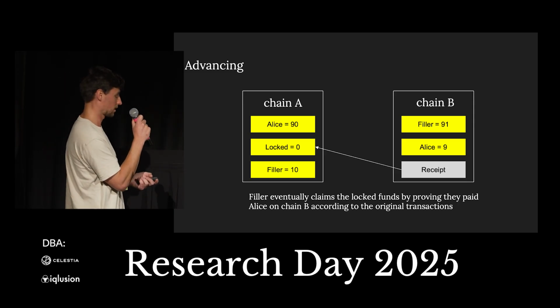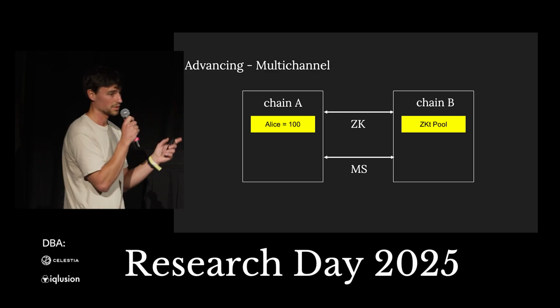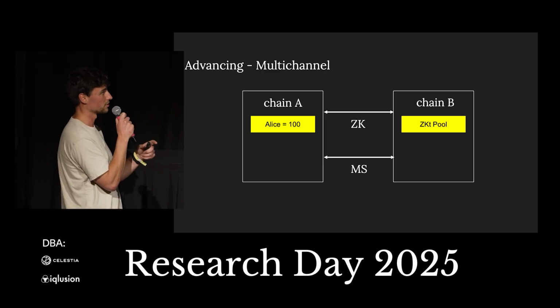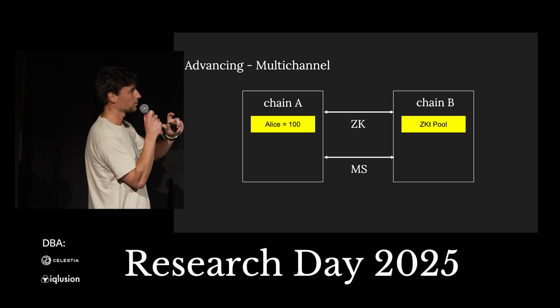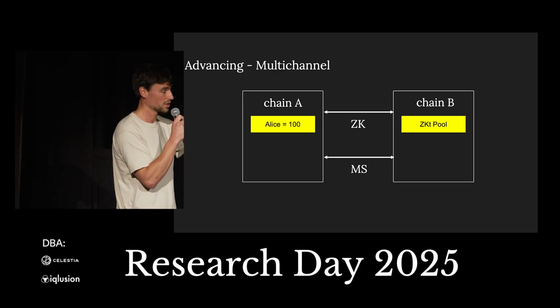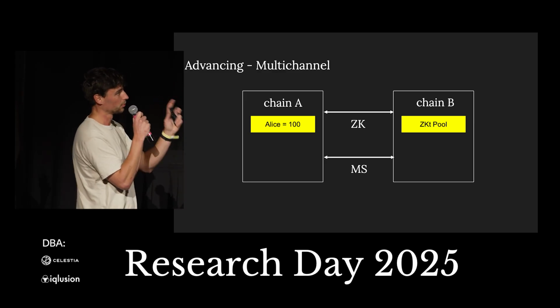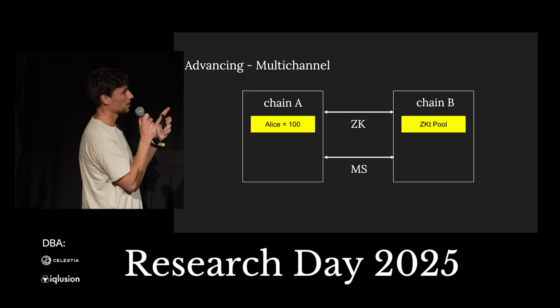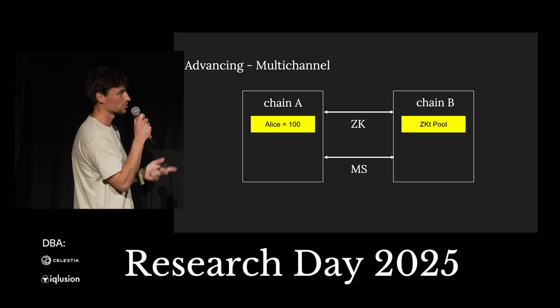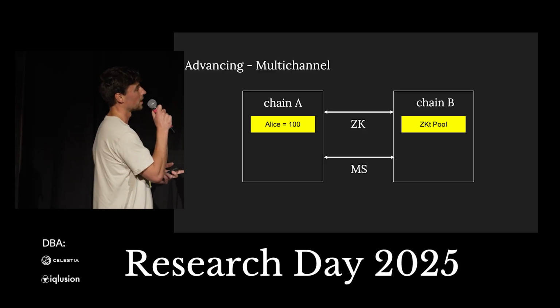Another way that has been explored is, instead of just having a single channel, you have two. So it's a hybrid where you're combining a secure but slow channel with a fast and insecure channel. And there is a pool on chain B with those secure tokens. I'm just going to call them ZK for now.